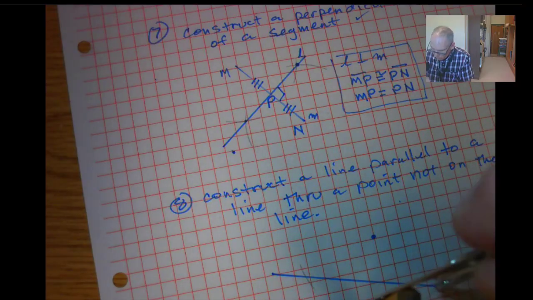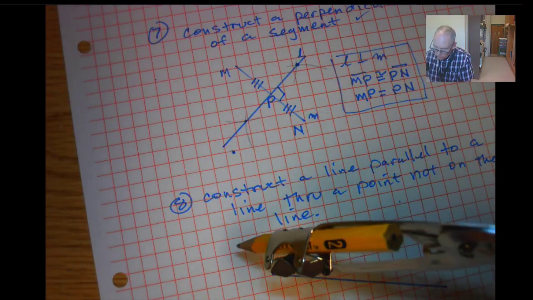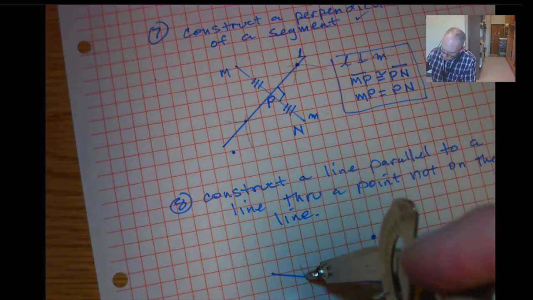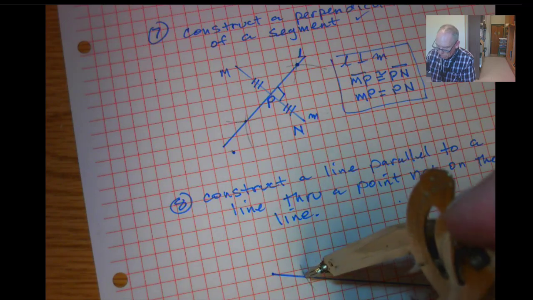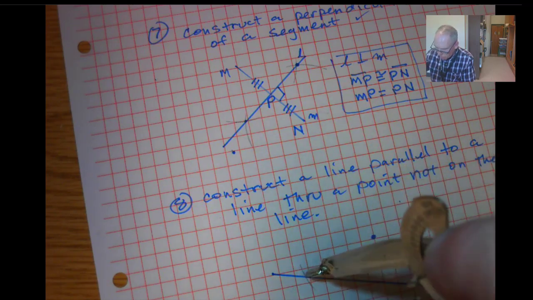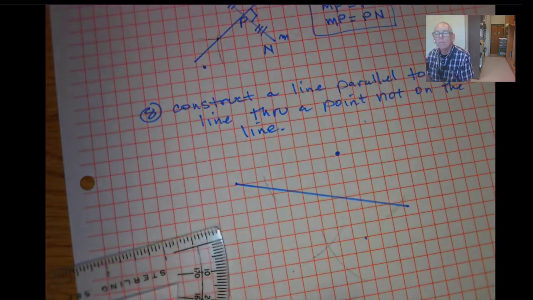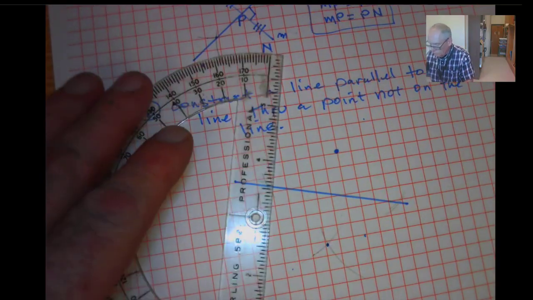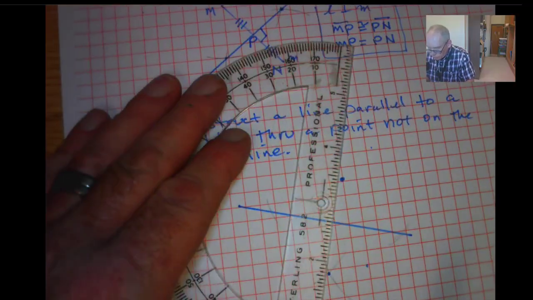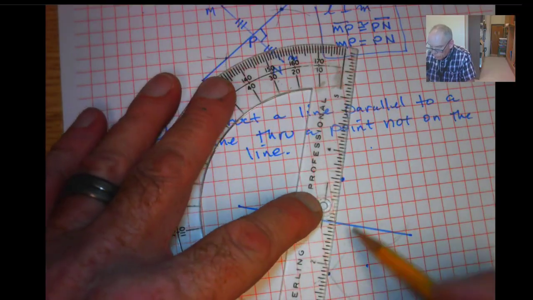And then I strike the same arc down below from either side. And when I connect the original point with the intersection of those two arcs, I'm going to have my perpendicular line that goes to that point. So I'm going to sketch, or trace that in using my straight edge.